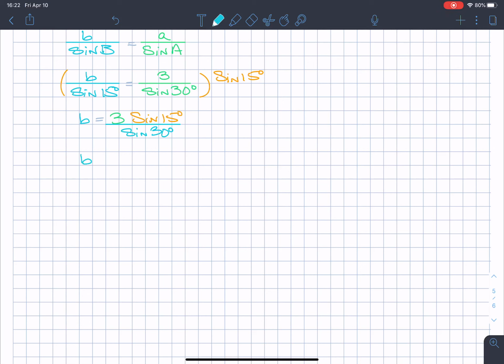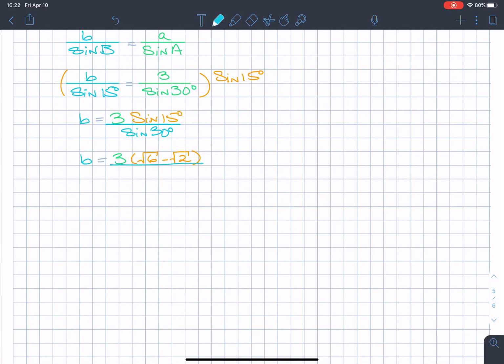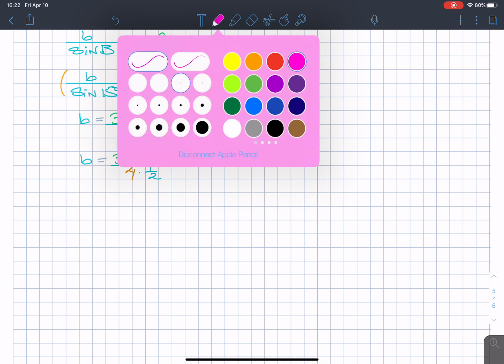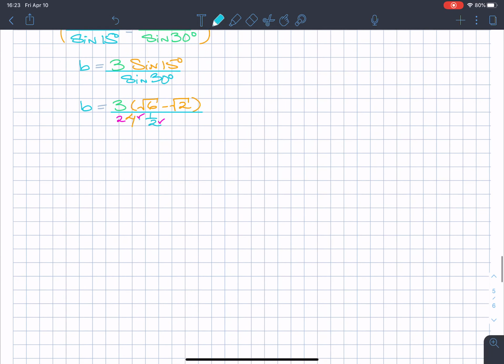So little side b is equal to 3 times sine of 15 degrees, which we found to be the square root of 6 minus the square root of 2 all over 4, and sine of 30 degrees, of course, is 1/2. So I can reduce in the denominator: 2 goes into 4 twice. I end up with little side b being equal to 3/2 times the difference, the square root of 6 minus the square root of 2. Okay, so there we are.